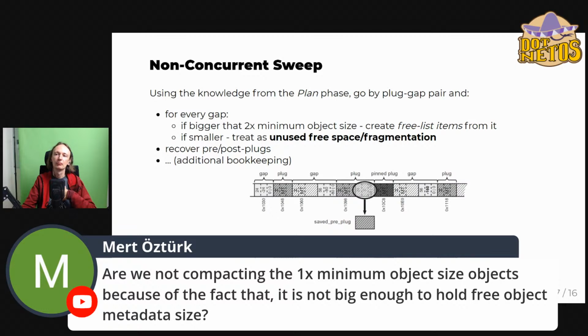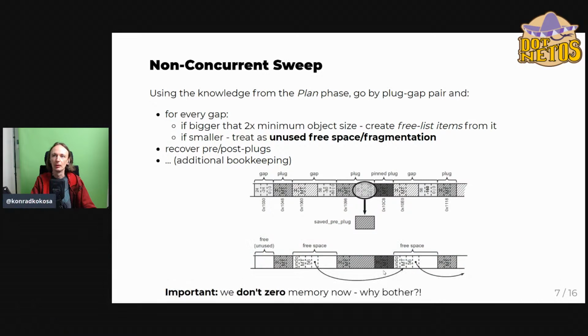So yes, it is good to have this, because if we always meet this condition, we will at least have the space for the size, and maybe the size would be covered by the minimum size, because the minimum size of the object is at least one pointer size data field added additionally and artificially, but then there is this pointer also. So yes, this is an additional good reason to not handle and not care about such small gaps.